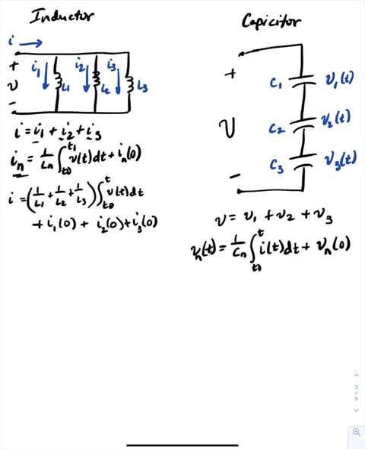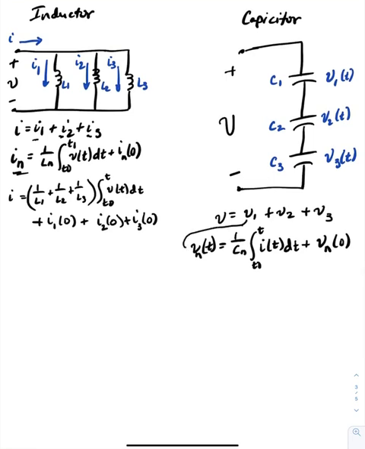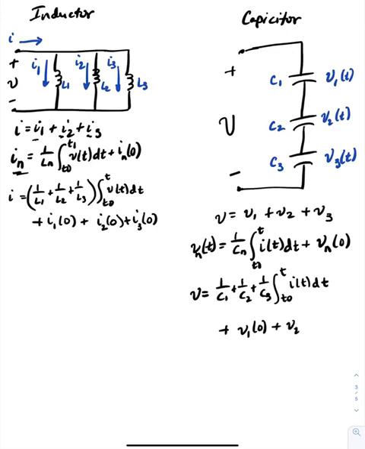So if we plug this equation into each one of these, we would get V equals 1 over C1 plus 1 over C2 plus 1 over C3 times the integral of I of T dt plus V1 initial value plus V2 initial value plus V3 initial value.